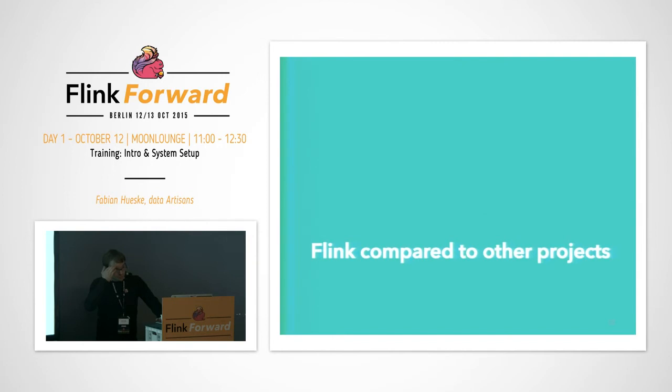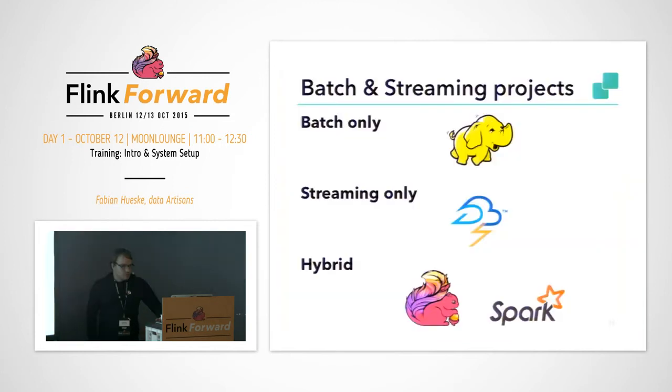Okay, now we'll do a short comparison to other projects here. There are a few projects out there by Apache in the big data space. There is Hadoop, which is a batch-only system.